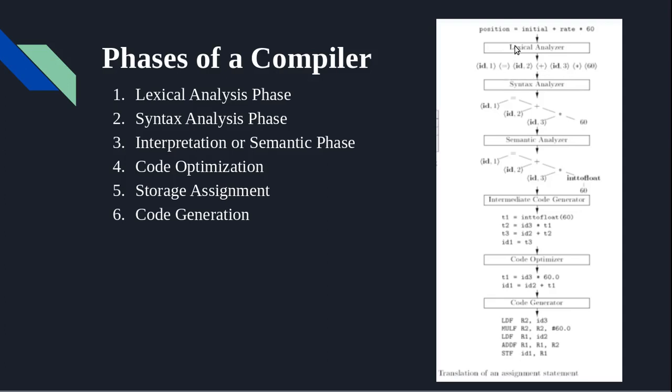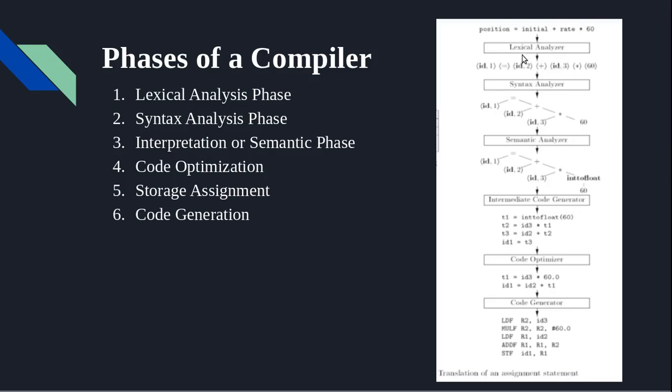So what will be the output? Since it contains 3 variables, also called identifiers, position will be named as the first identifier ID1, the initial variable is called ID2, and rate will be ID3.